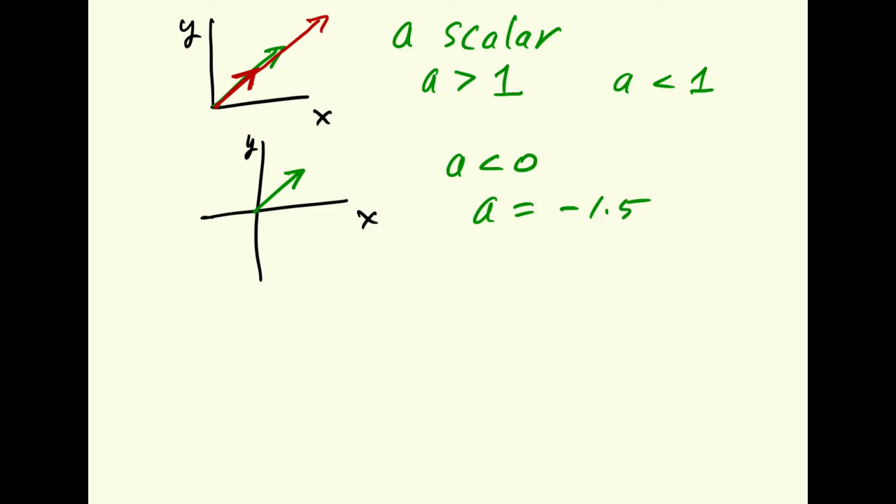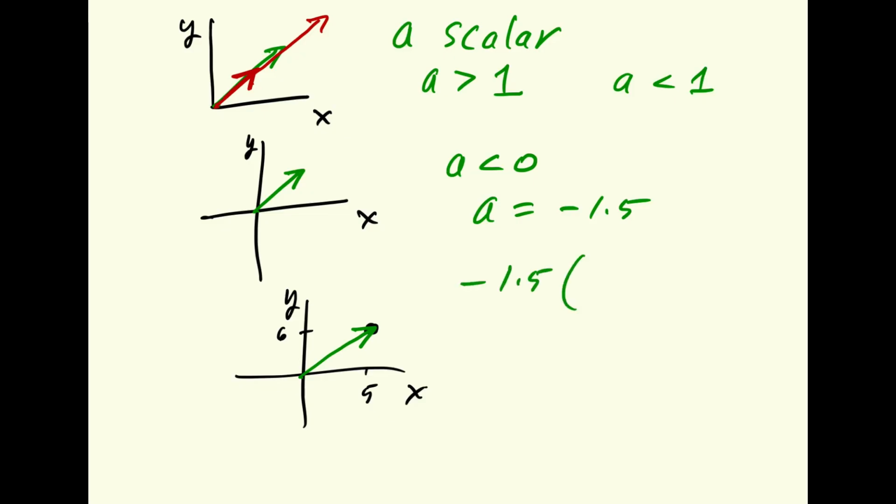Well, let's think about it. If we take a vector in the xy plane, let's say the vector 5, 6, which is that point right there, and we draw the vector, and then we want to multiply this vector by minus 1.5. So minus 1.5 times 5, 6. We know how to do that.